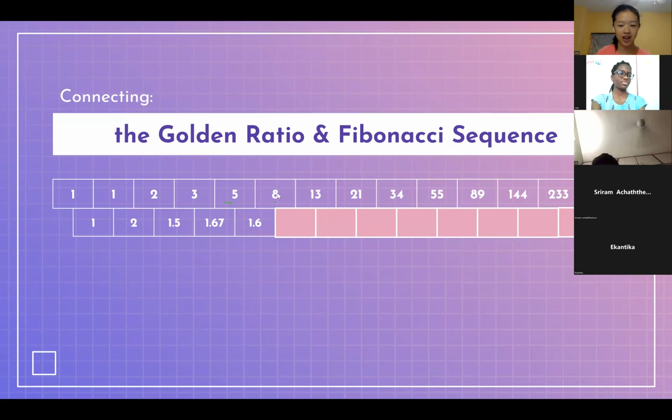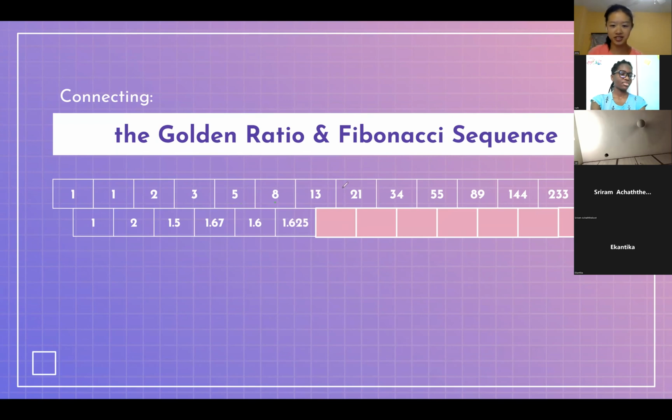And 13 divided by 8? Yep, it would be 1.625.